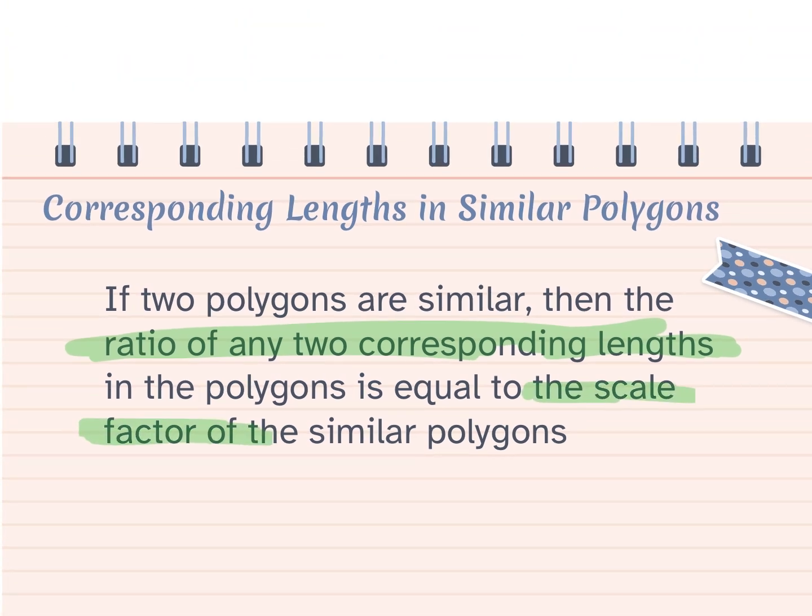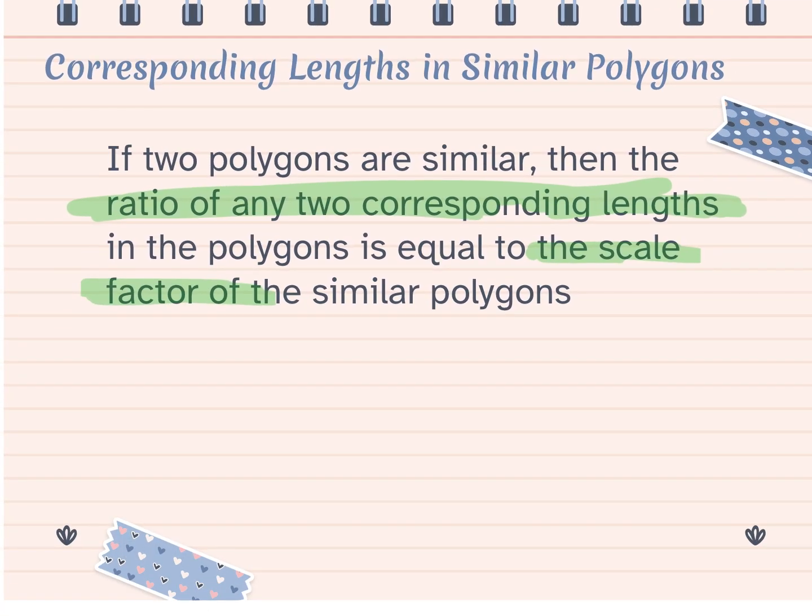So we basically said this in D. The ratio of any two corresponding side lengths is the same as the scale factor, which is also the same as your ratio of the perimeter. Okay, all of those are going to be the same. That's all you need to know for this slide.